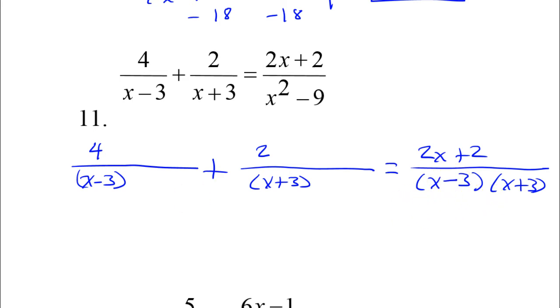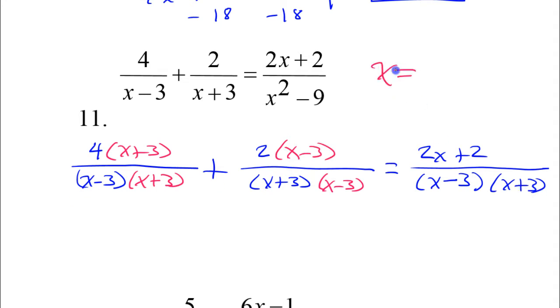To make the denominators the same, all I have to do is give this one an x plus 3, top and bottom, and give this one an x minus 3. All right, now all the denominators are the same.